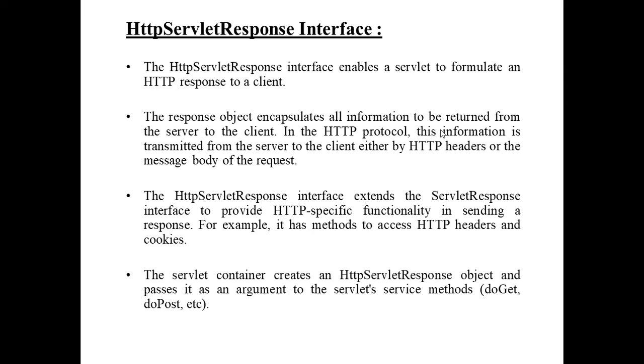So the HttpServletResponse interface extends the ServletResponse interface to provide HTTP specific functionality in sending a response. For example, it has a method to access the HTTP header and cookies. The servlet container creates the HttpServletResponse object and passes it as an argument to the servlet service method, or the doGet and doPost methods.